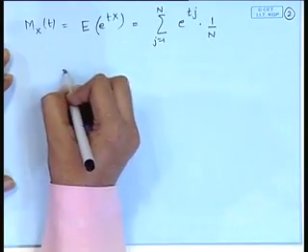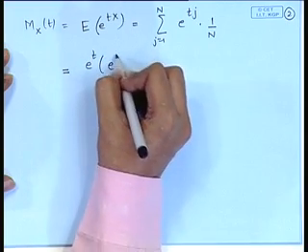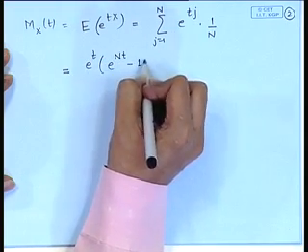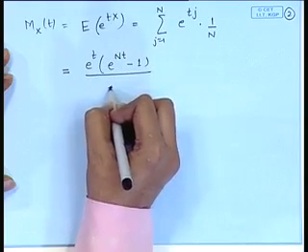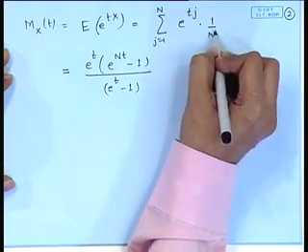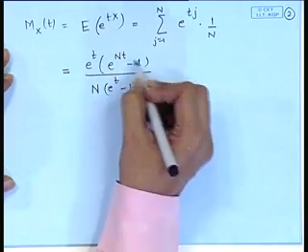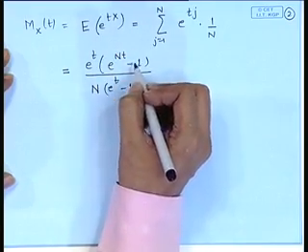This sum you can evaluate and it turns out to be e to the power t, e to the power nt minus 1 divided by e to the power t minus 1, and we have this n in the denominator. Now, this expression is valid for all t.